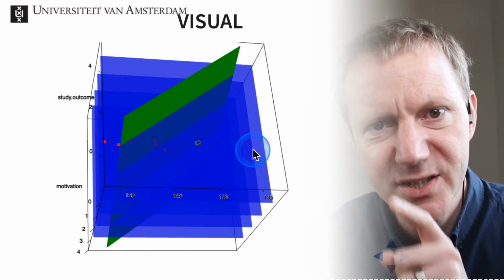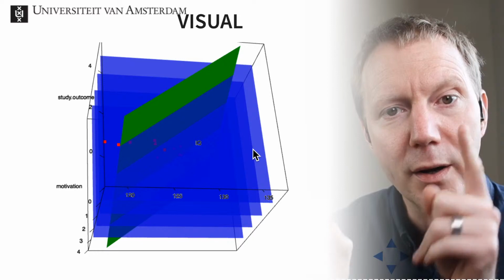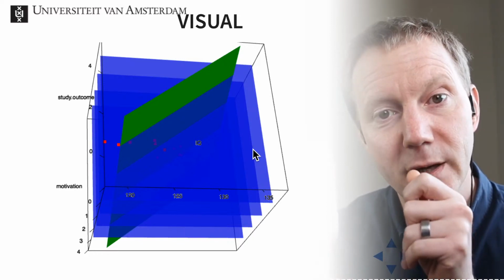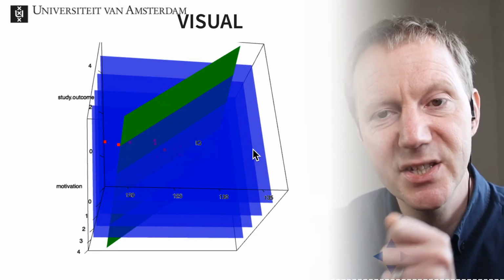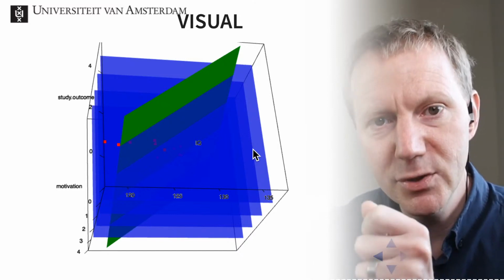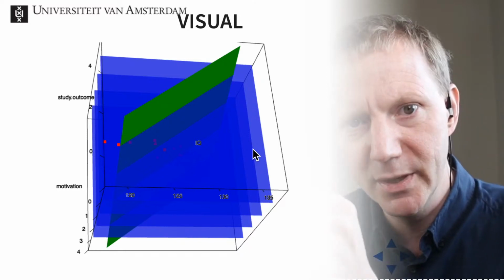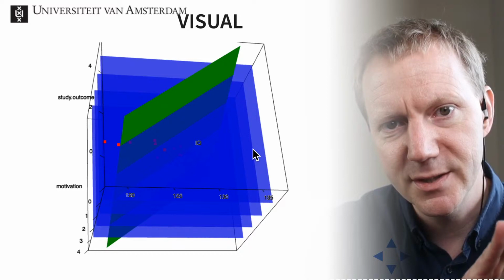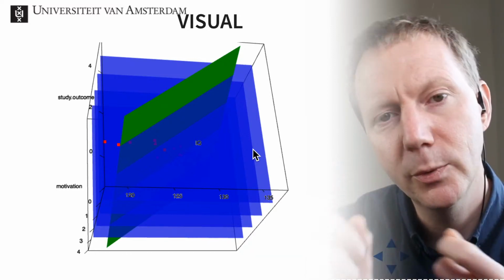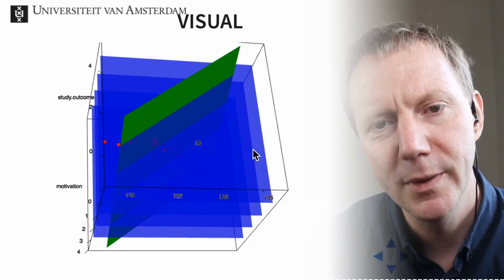And the ANCOVA does the same thing as here, but one of those predictor variables is a categorical predictor variable. But in essence, it's the same thing. It states, I want to know what the predictive value of this predictor is, keeping the other constant. And that is what a multiple regression allows you to do.